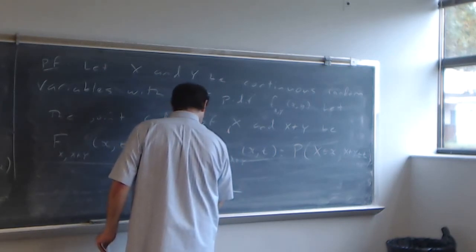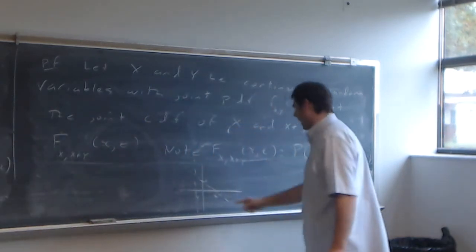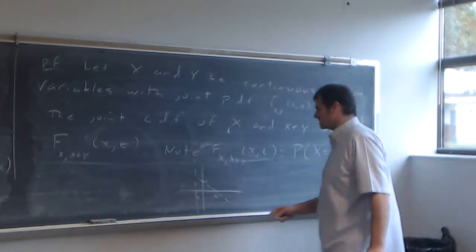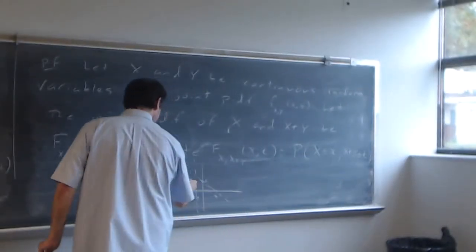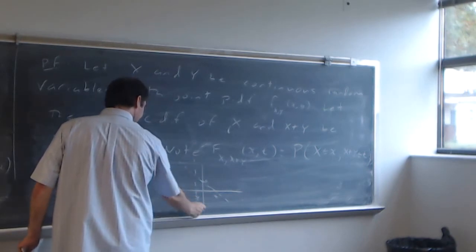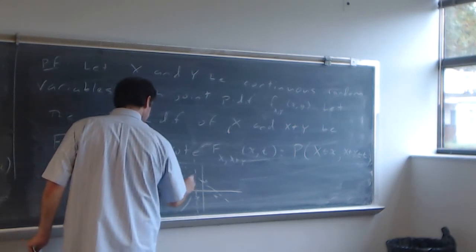And so this would be X plus Y equal to t. If you want X plus Y to be less than t, that's everything below this line. If you look at what they have in common with everything to the left of the vertical line at x, it's this region here.